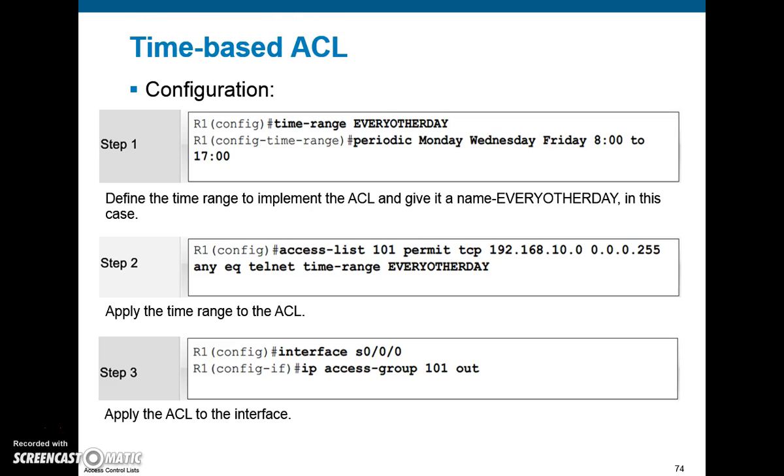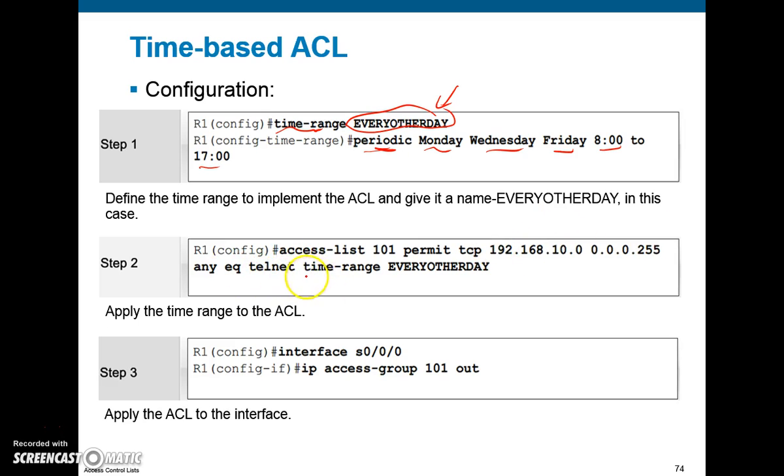Let's look at how we configure time-based ACL. First, we define a time range, and this is a name you give to the time range. So let's say every other day. This is a periodic time range, which means every Monday, Wednesday, and Friday from 8 a.m. to 5 p.m. So this time range, every other day, refers to Monday, Wednesday, Friday from 8 a.m. to 5 p.m. Next, you create the access control list, and you write it.